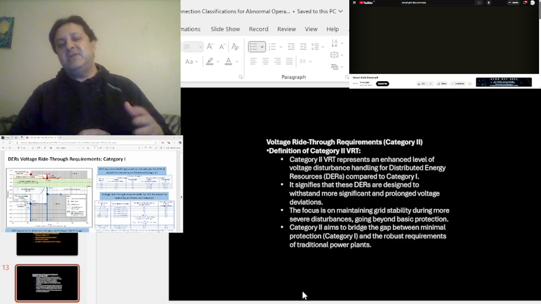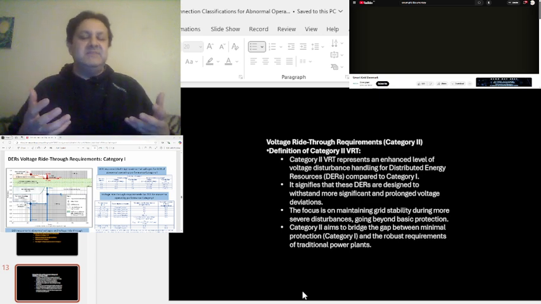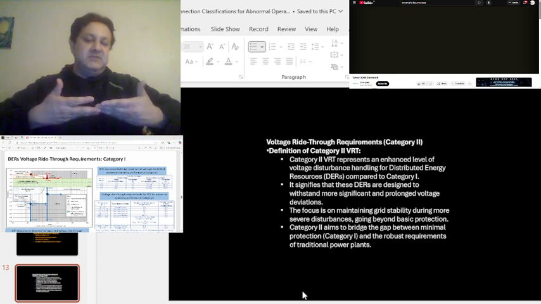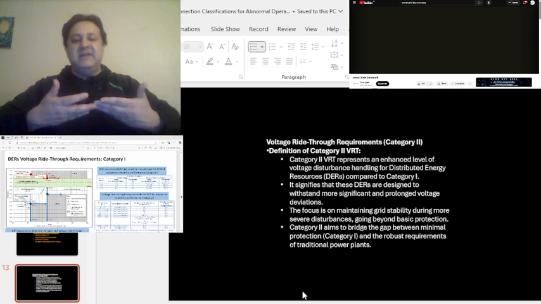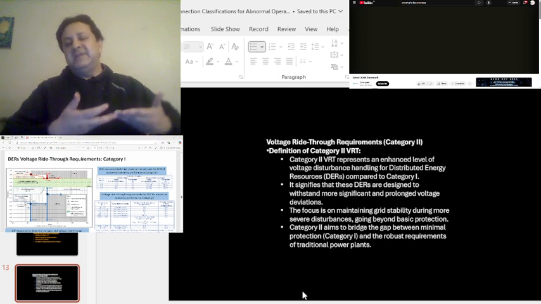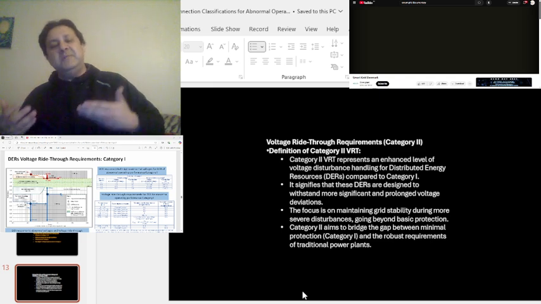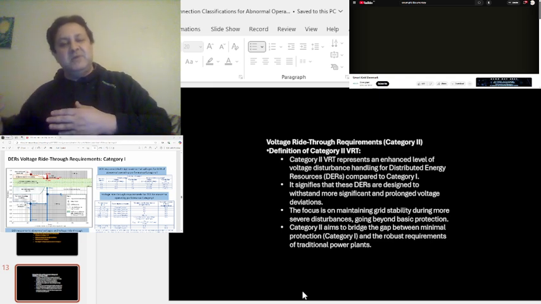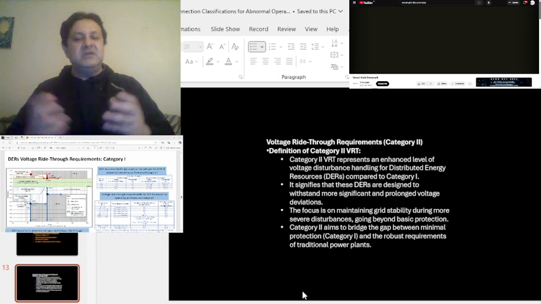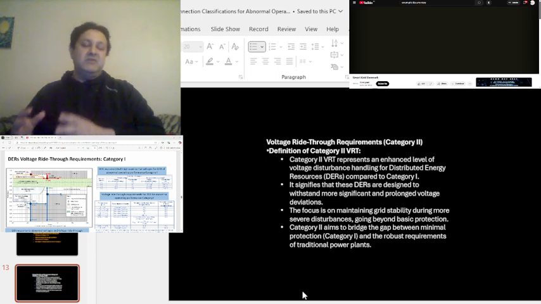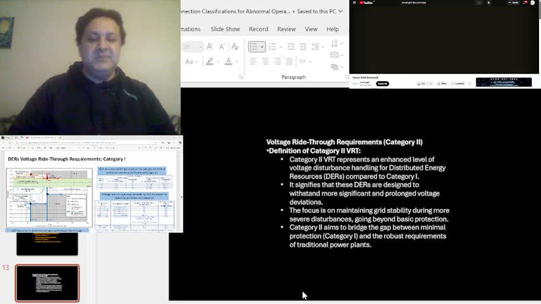So the focus is on maintaining grid stability during more severe disturbance. If the disturbance or the voltage deviation is there for a longer period of time, we have to have some arrangement for that. So going beyond basic protection. Number one was just for the shorter period of time, for the basic protection. So now we have to go beyond the basic protection.